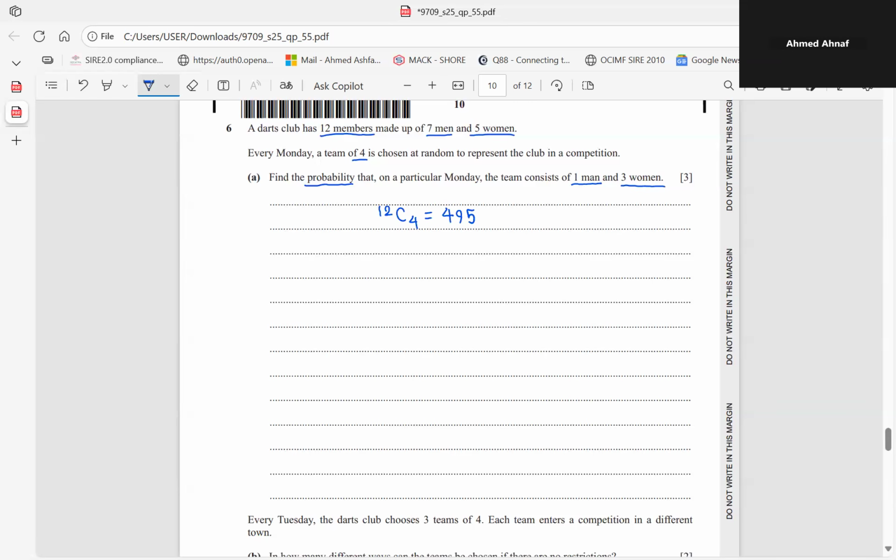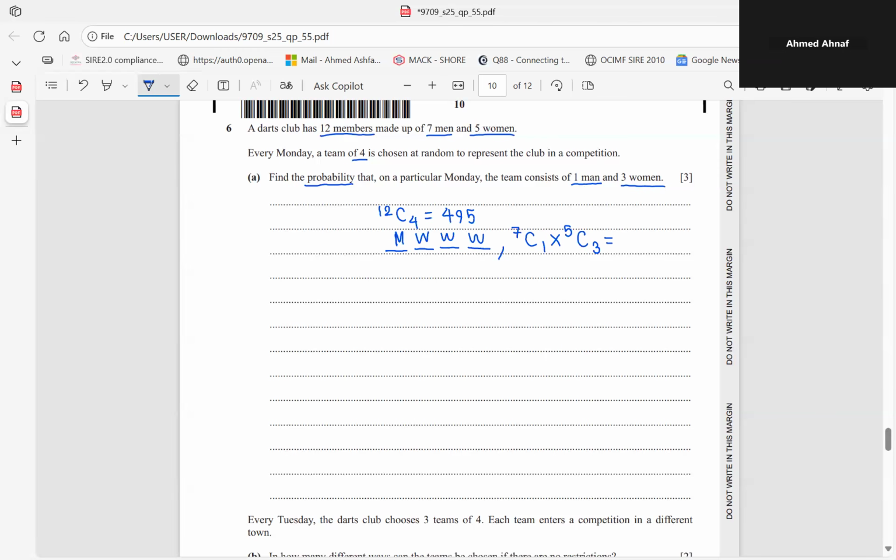Okay. And then for this particular team, 1 man and 3 women, from 7 men, you have to choose 1. From the women, there's 5 women. You have to choose 3.